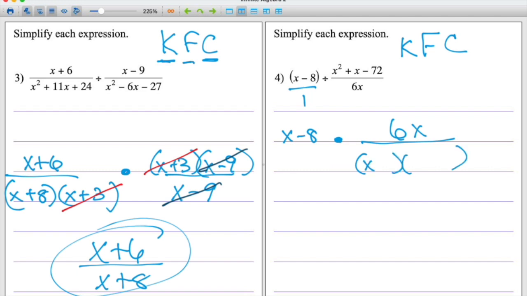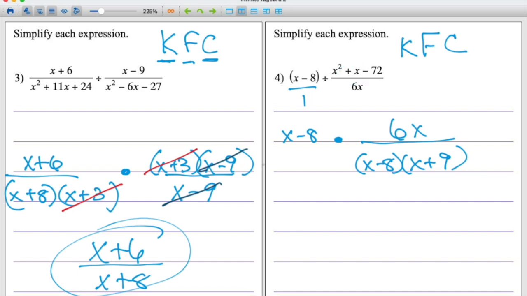I will have x and x. That negative indicates we're going to have opposite signs. And what multiplies to make negative 72, but adds to make positive 1. And that's 9 and 8. And I'm going to need a positive 9 and a negative 8 so that it'll be a positive 1 when I do that.